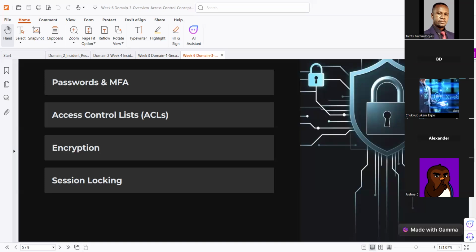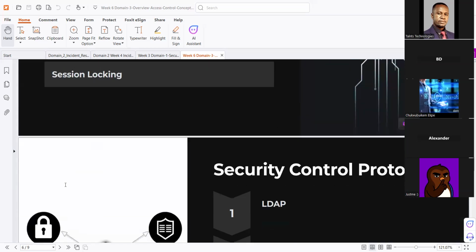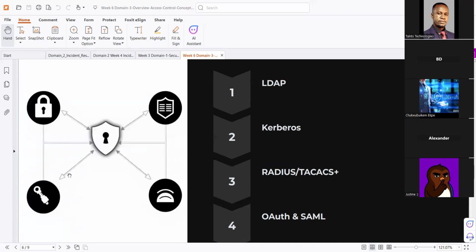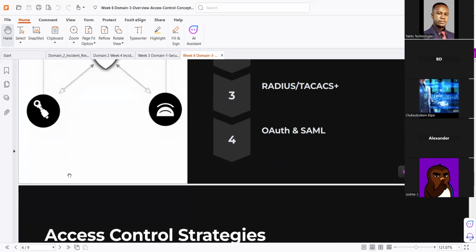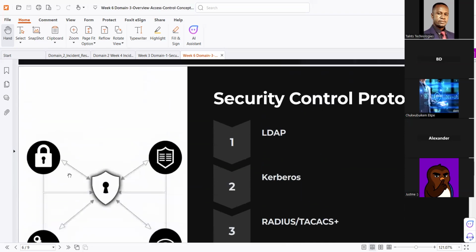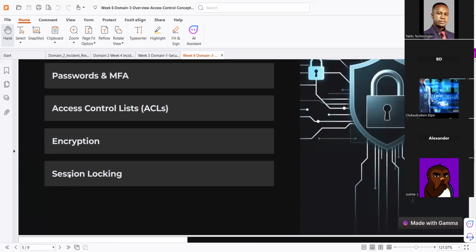Any questions on that? And we have different types of encryption: symmetric encryption, asymmetric encryption, and hashing. Symmetric encryption is when the same key you use to encrypt is the same key you use to decrypt.